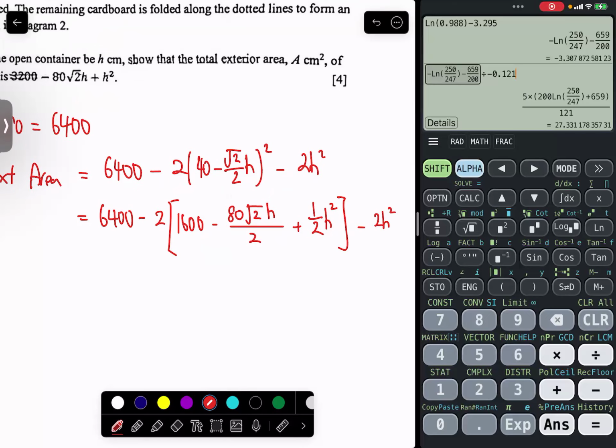Let me think. 2 over 4 h squared, yeah, should be correct. So then we'll have 6,400 minus 3,200 plus 80 square root 2 h minus h squared.